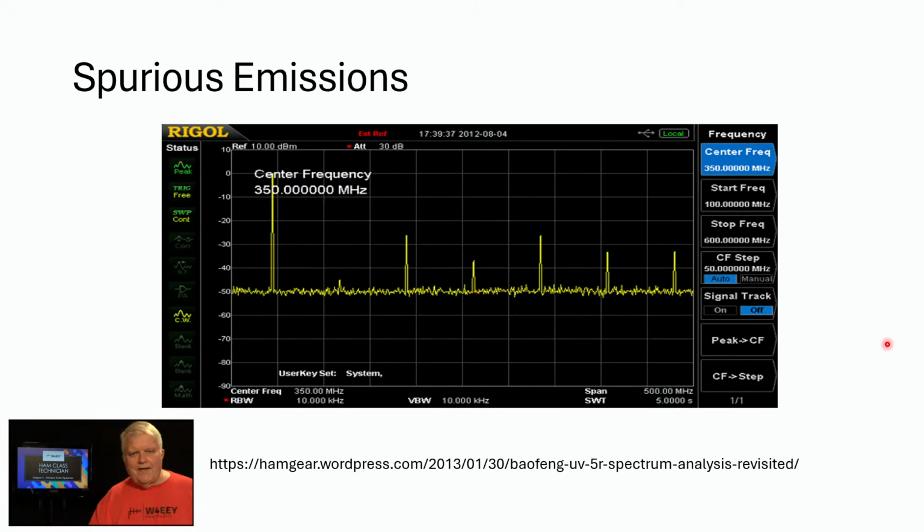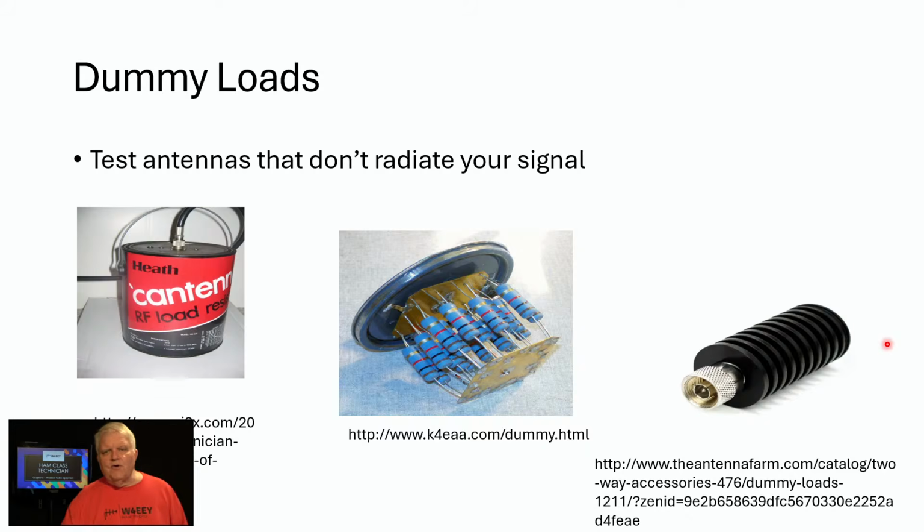And when you're doing testing with a scope or things like that, you probably don't need to connect your radio to an antenna. You can connect your radio to what we call a dummy load, which is a test antenna. It's an antenna that's designed to absorb the power coming out of your transmitter. The one on the left is the famous Heathkit Cantenna.